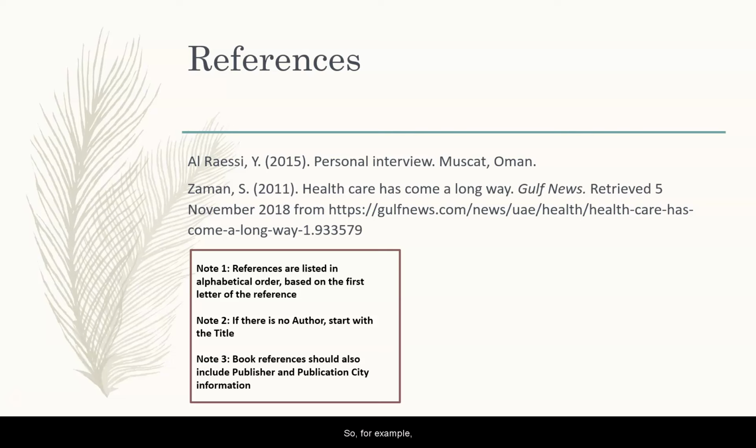So for example, if the second source had no author, we would move Healthcare Has Come a Long Way before 2011. And then in note 3, book references should also include publisher and publication city information, and this can be found on the publication page behind the title page.